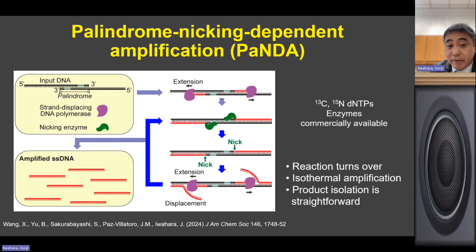Regarding the specificity of the nicking enzyme, that's an issue. There are so-called star activities of this enzyme, and the recognition is not perfectly specific. In other words, it may cleave DNA at some different sites, of course, at a lower rate. If you use very long DNA containing many different kinds of sequences, some part may happen to have a sequence similar to the recognition sequence of the nicking enzyme.